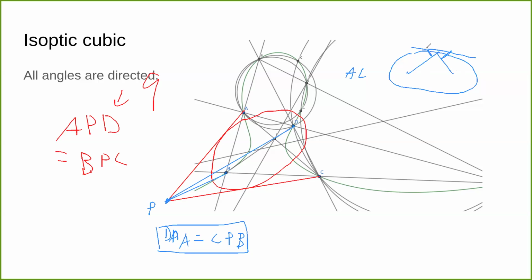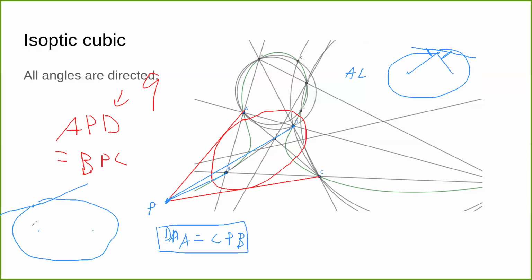Do you guys know why this is true? Okay, I'll assume you don't. Should I explain the proof? Yeah, it's tangent. It's really simple, and it's really nice.